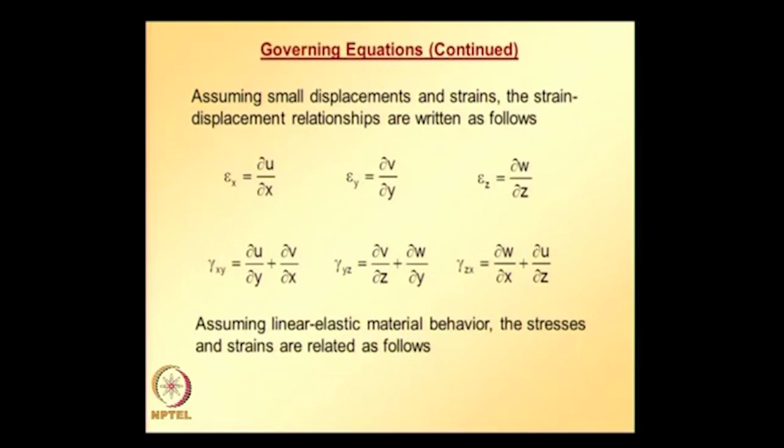And assuming linear elastic behavior, the stresses and strains are related through this equation sigma is equal to C times epsilon, where C is the constitutive matrix, which is going to be of dimension 6 by 6, since there are 6 stress components and 6 strain components.